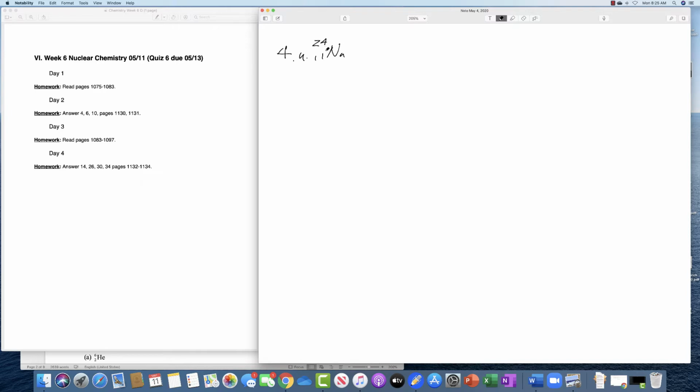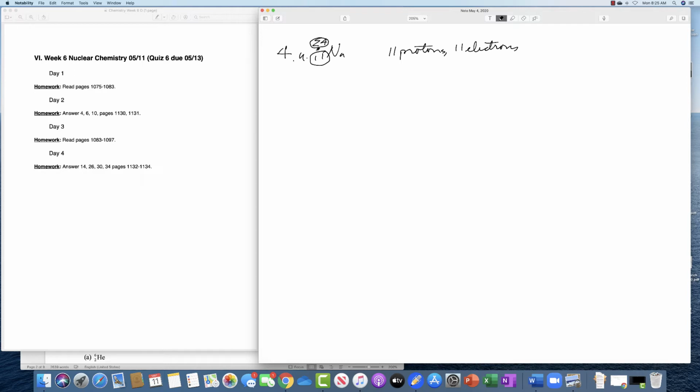24, 11. Now the bottom number here is the atomic number, and that is the number of protons and the number of electrons in a neutral atom. Neutral meaning not charged. So we have 11 protons and 11 electrons. The top number, 24, says that the atomic weight, which is the sum of the protons and neutrons, is 24.